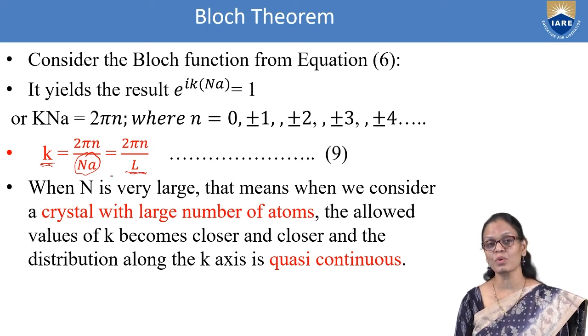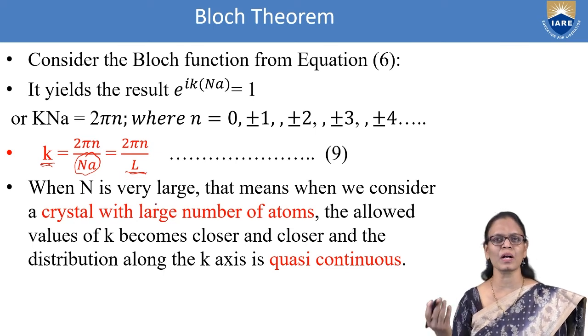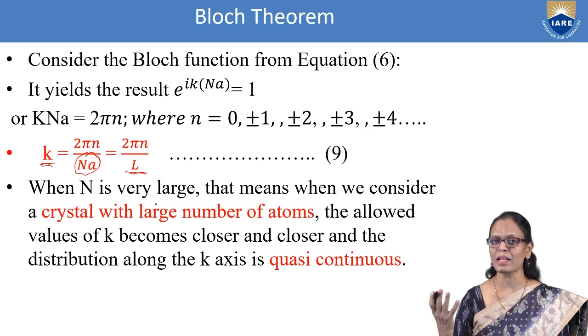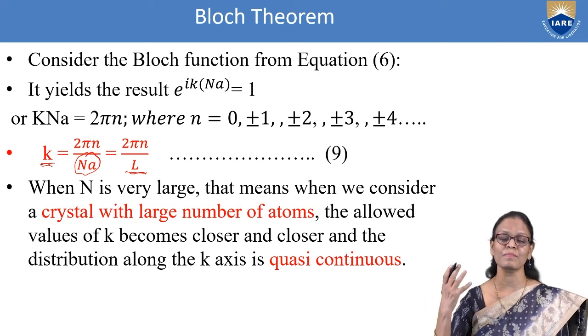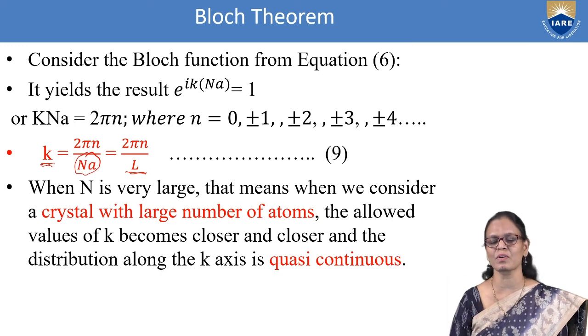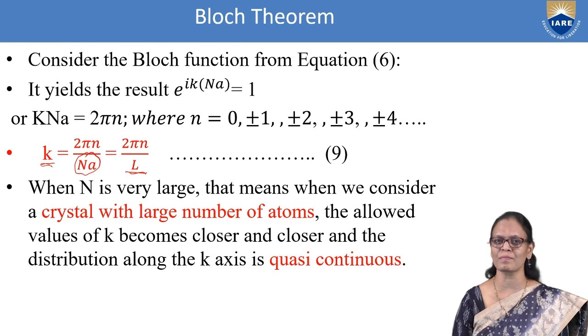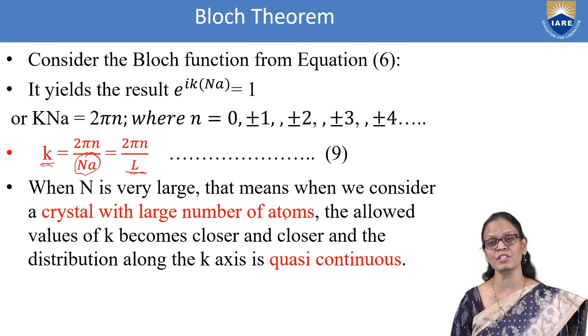So what we try to understand here is, when N is very large, whenever you consider a crystal, it consists of N number of atoms, and the number of atoms is very large. Depending upon the atomic number, you know how the size of the crystal lattice increases. If it increases, the number of atoms is more. So when we consider a crystal with a large number of atoms, the allowed values of k become closer and closer.